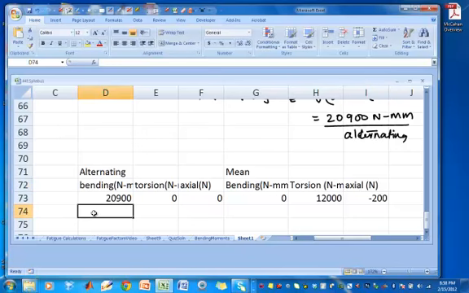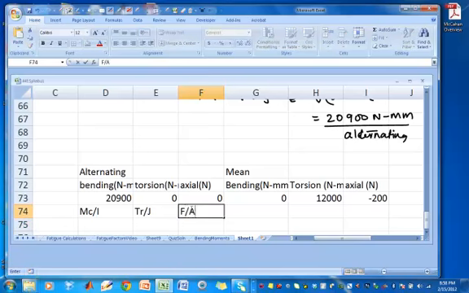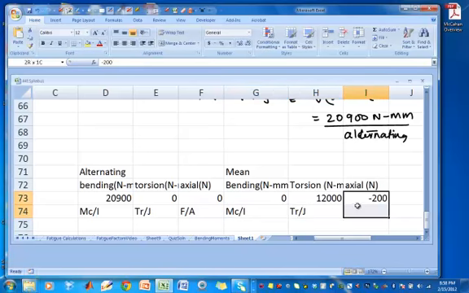So next we want to find out Mc over I is the stress, Tr over J is the stress, F over A is the stress. That's what you have to do. Okay. So let us compute all of this.